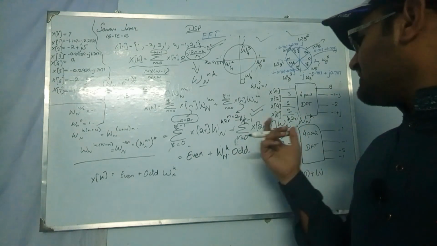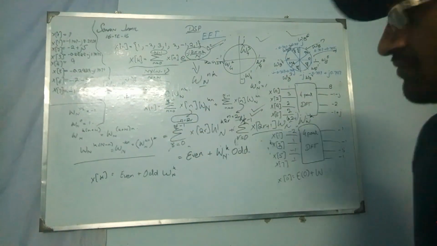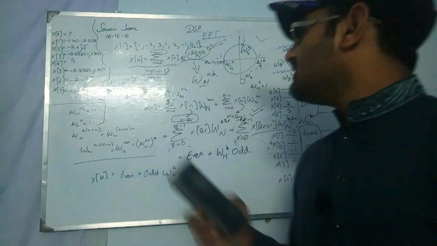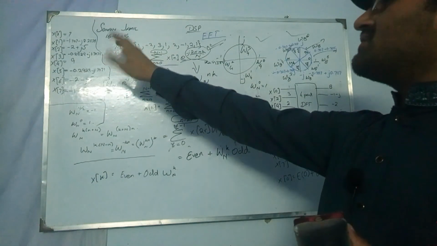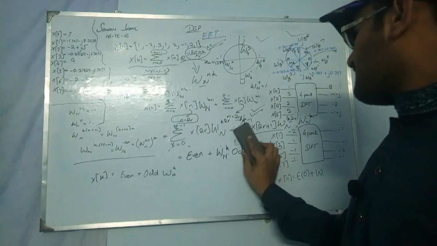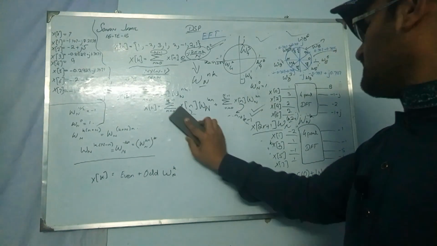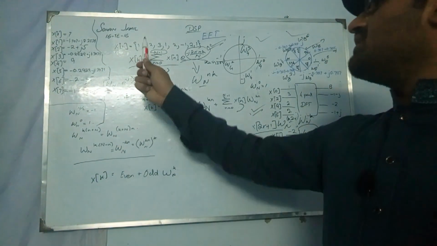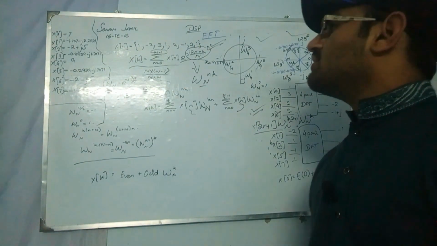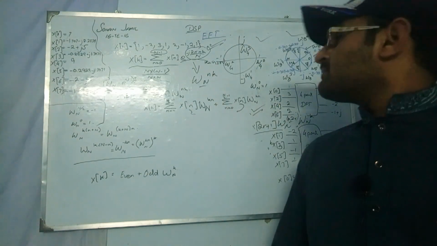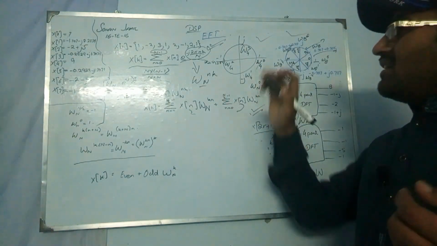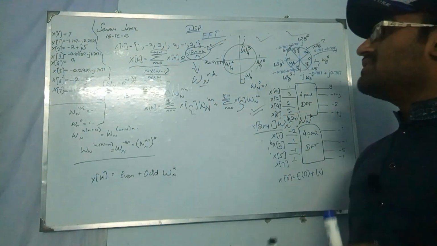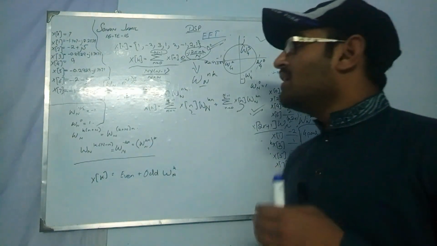So let's have an example. I have a similar example that I discussed in the last lecture, a similar sequence, which is x of n equal to 1, minus 2, 3, 1, 2, minus 1, 2, 1. I said to divide this sequence into two parts, even and odd.